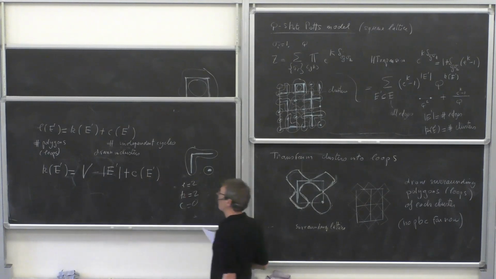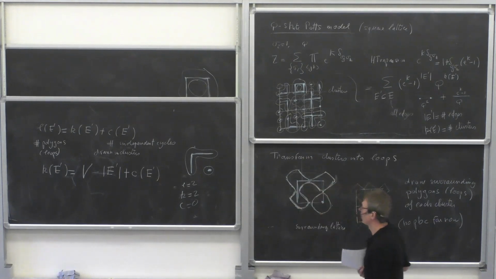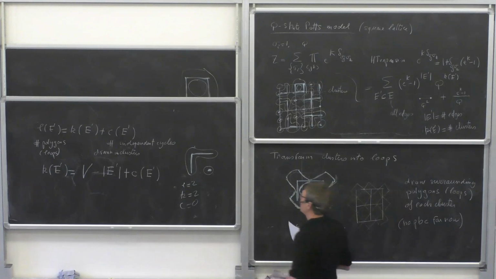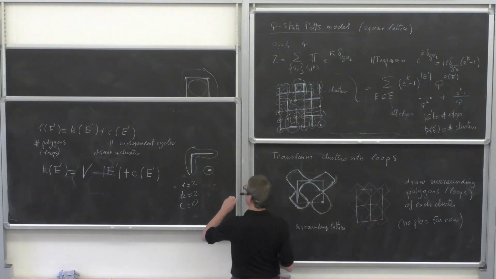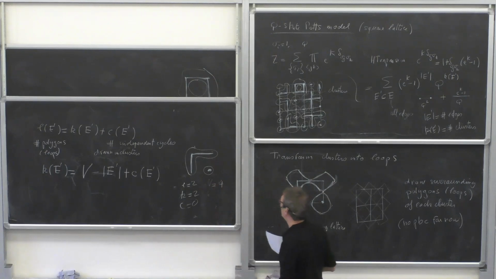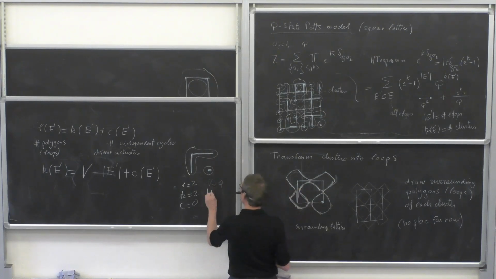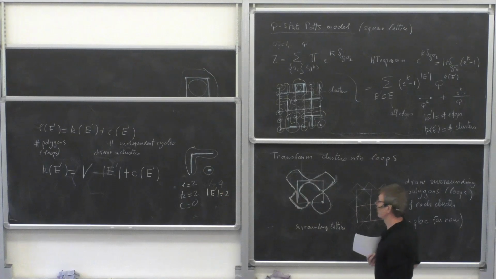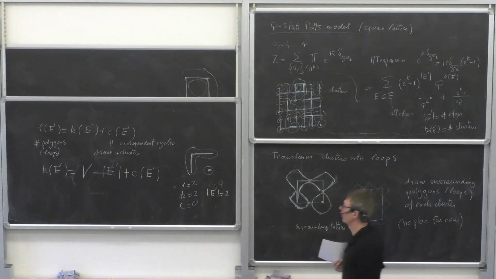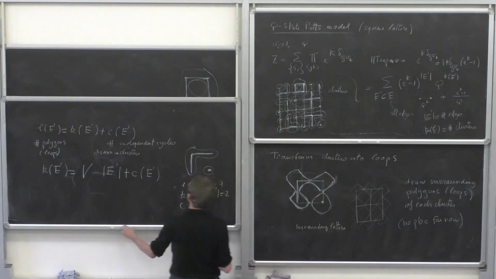So let's now look again at our first graph. K was 2. Okay, now what's V? Number of vertices, 1, 2, 3, 4. V is 4. Number of edges, 2. Number of cycles, 0. 4 minus 2 is equal to 2, which is equal to K, so that's good.